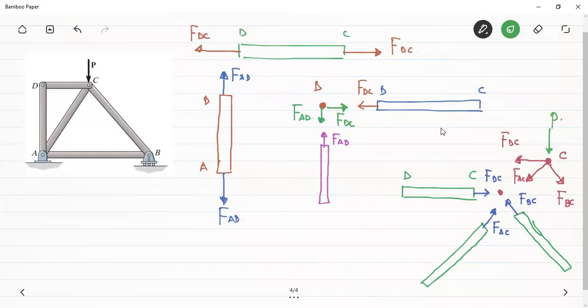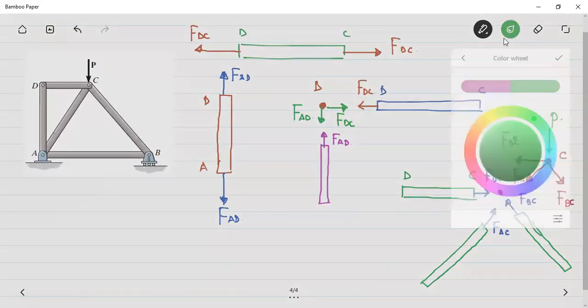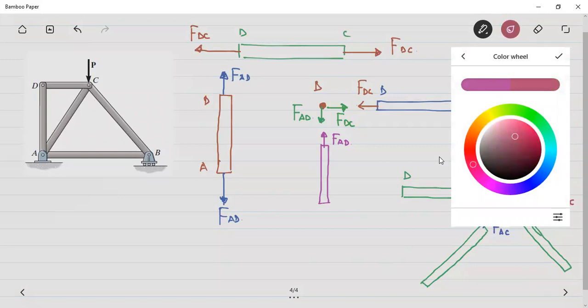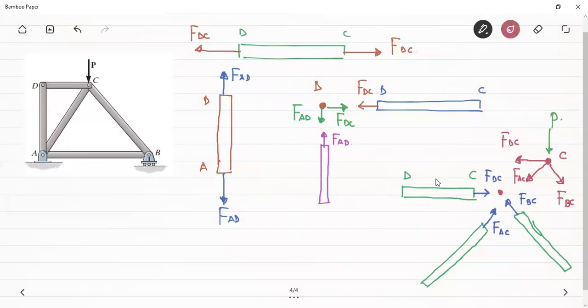Okay, so the simple case is that you can directly, without drawing these FBDs of the members, see what the forces on this joint are. I can directly show that this is the joint C. There will be one force in the member AC. There is a member AC connected to this joint. The force in the member is tensile.